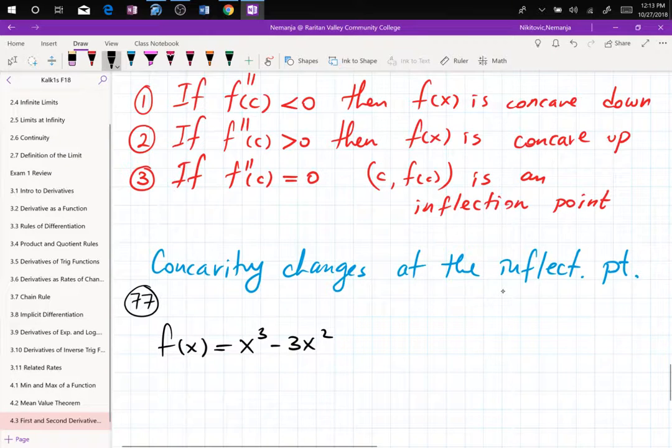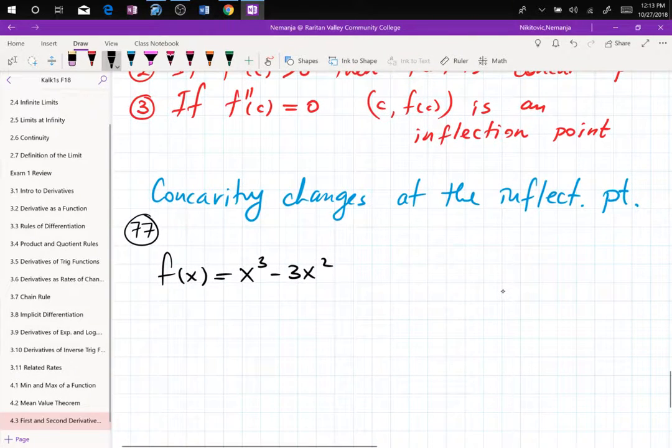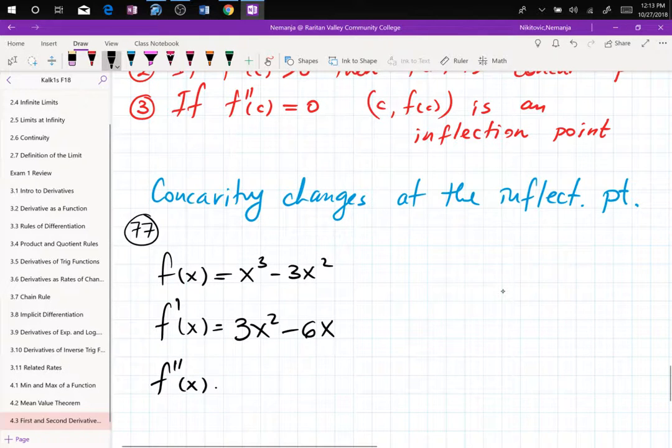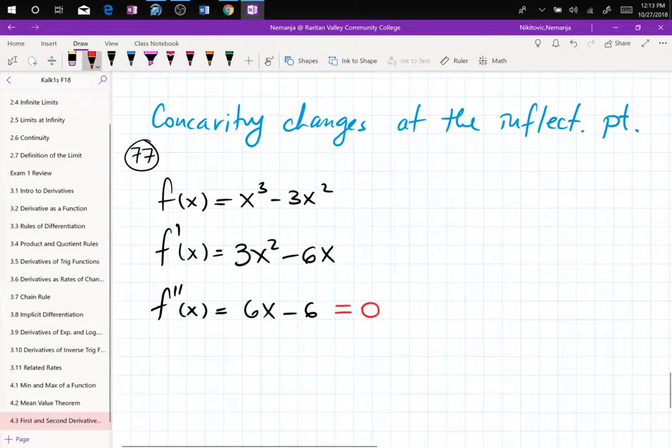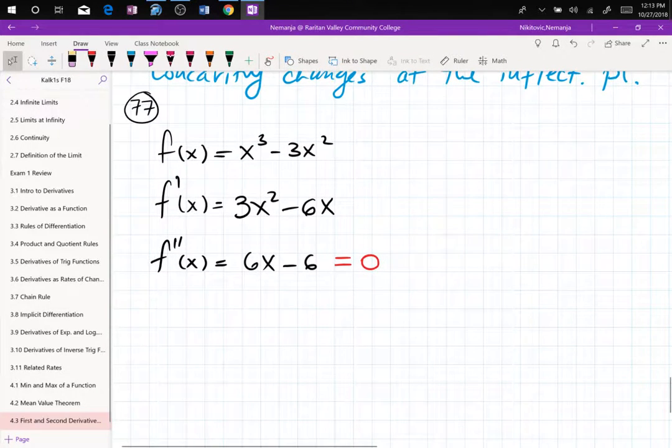So what do I have over here? Well, I have the first derivative, f prime, because I need that to get to the second derivative, is 3x squared minus 6x. And now the second derivative, which is what I need to do the second derivative test, is going to be 6x minus 6. We set this equal to 0 to find inflection points. That's our job. And from here, we get that x is equal to 1.